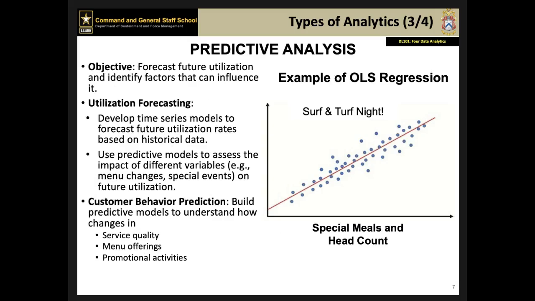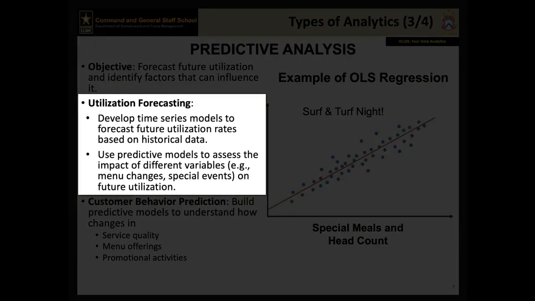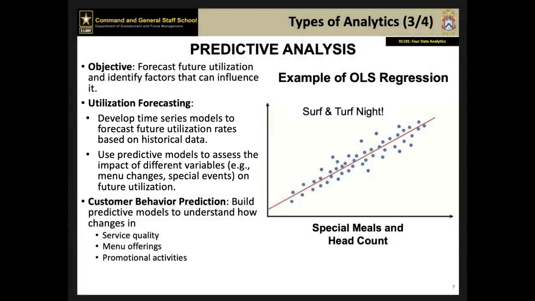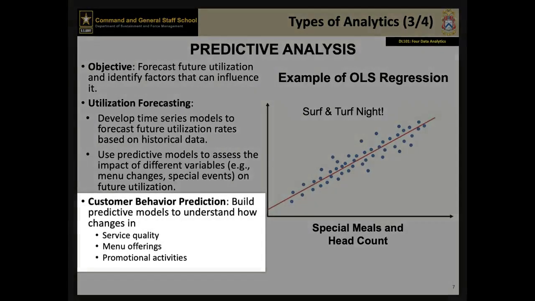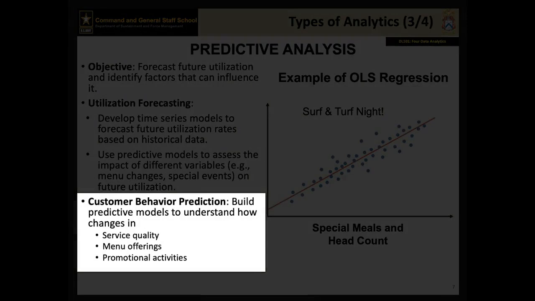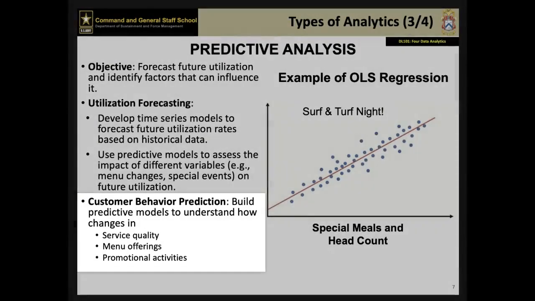Having narrowed down the factors that appear to influence DFAC utilization, predictive analysis can be used to forecast and assess the impact of different variables. We can also create models to show how changes or modifications made in the present might produce desired outcomes. In this manner, we seek to understand the impact of different factors such as service quality, menu changes, and promotional activities.